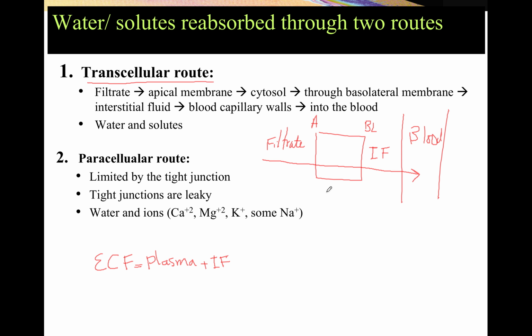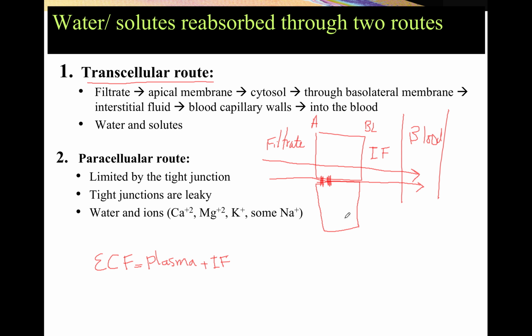Now the second option we have is the paracellular route. For the paracellular route, we're going to draw another cell next to it. Paracellular is basically if you have a tight junction right here and a tight junction right here, it's going to allow the molecules to pass through the tight junction and get into the bloodstream.